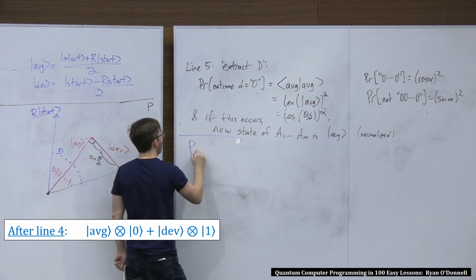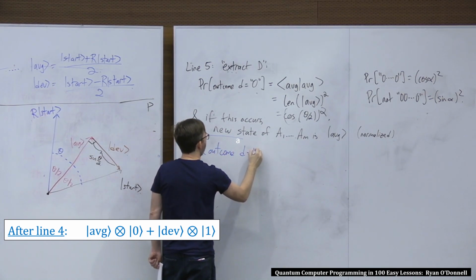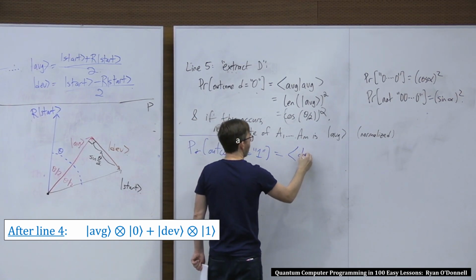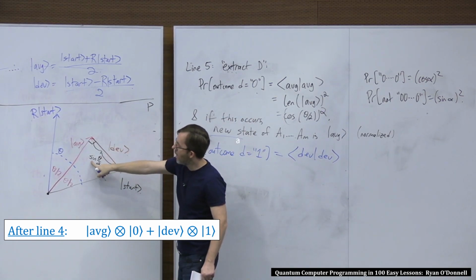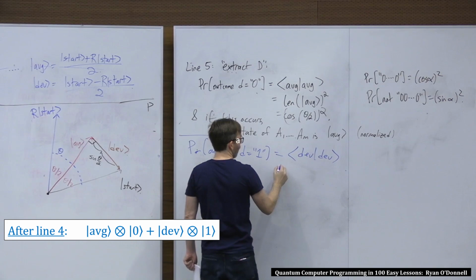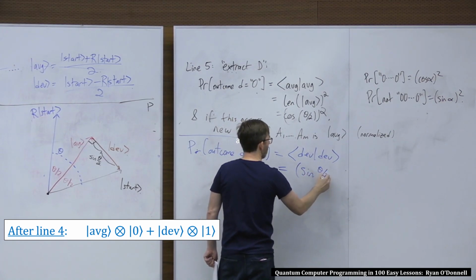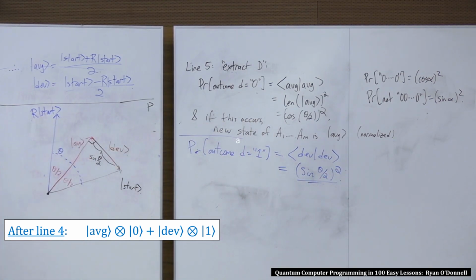Because the probability that you get outcome D equals 1 is the length squared of div, which we just computed as sine theta over 2 squared. Yeah, so this is sine theta over 2 squared. And that's exactly what we wanted here.